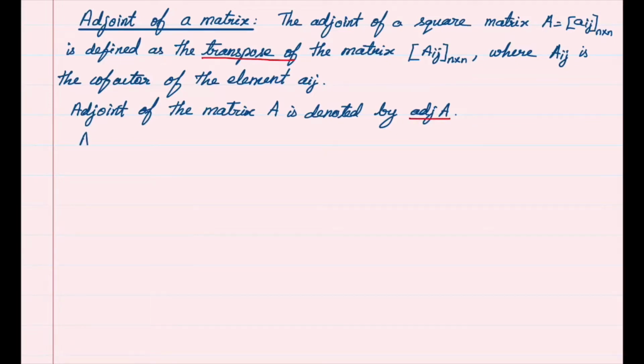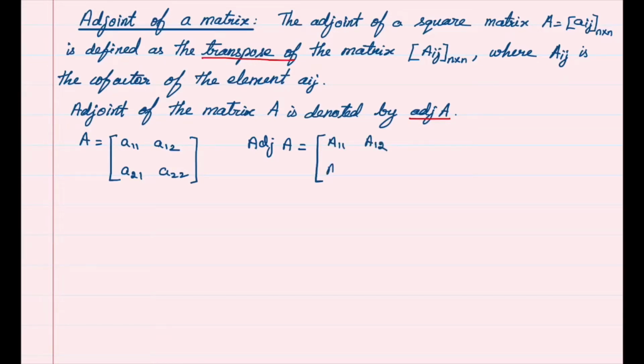Let us consider a 2 by 2 matrix. We will find the adjoint of A. We will write the cofactors of each element a11, a12, a21, a22, and we have to transpose this matrix.